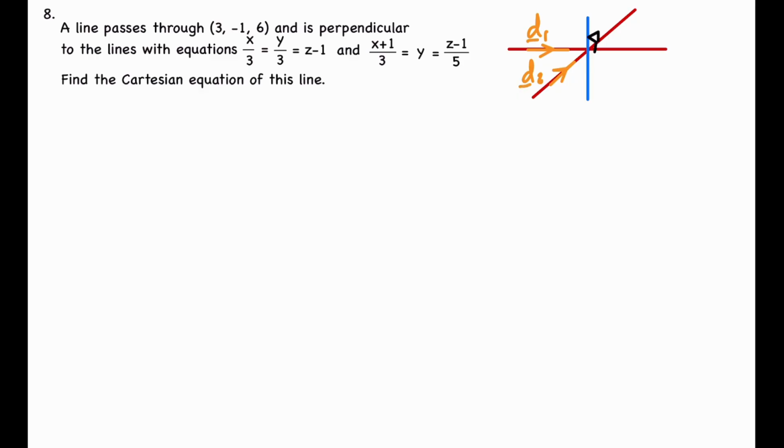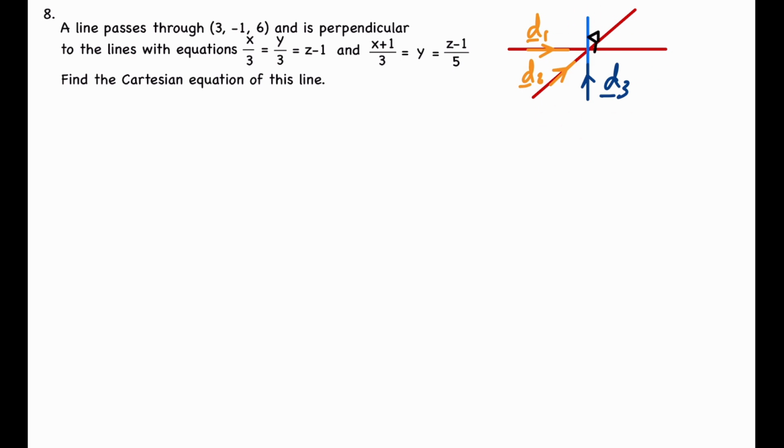If we can find a cross product of these two vectors, we can find a direction vector of the third line. We can call it d3. And because they give us a point that passes through that line, we can use that as our value to make a vector equation of a line, and then we'll just convert it into a Cartesian equation of a line.